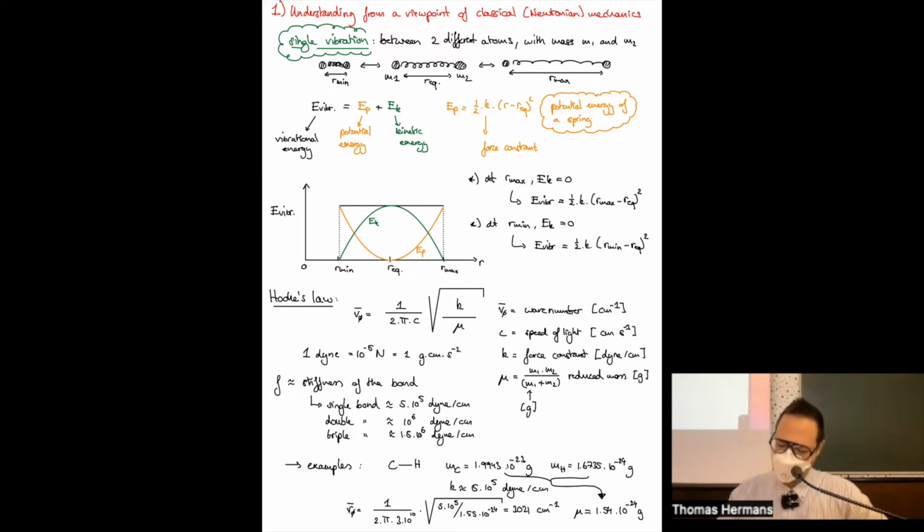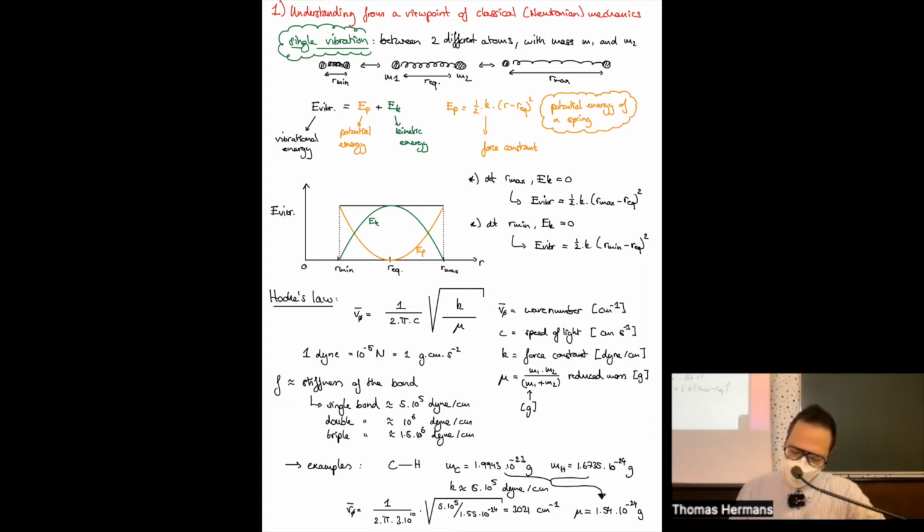We can do the same thing at the minimum, R minimum. Again, kinetic energy is 0 because you cannot compress the spring more, so all the energy is potential energy. That means the vibrational energy is equal to half times K times R minimum minus R equilibrium squared.